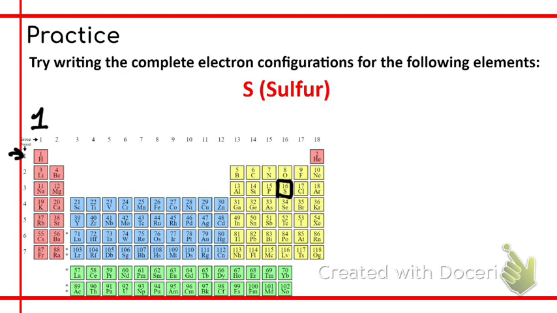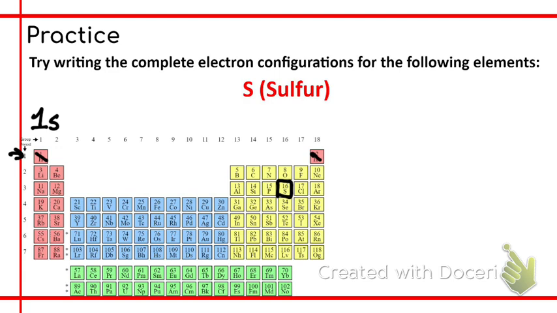So starting at row 1, we're entering into our S block. So remember that to the far left is our S block, so we get our 1s. And our S block is able to hold 2 electrons.